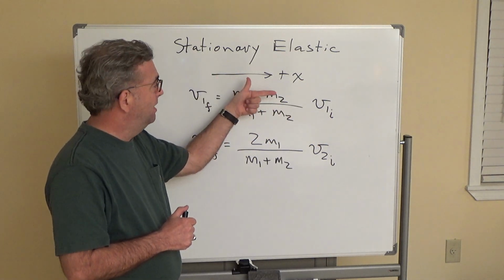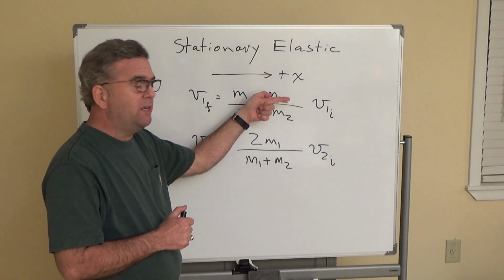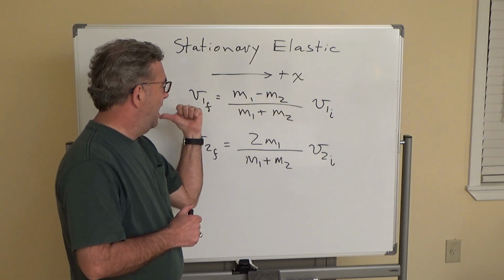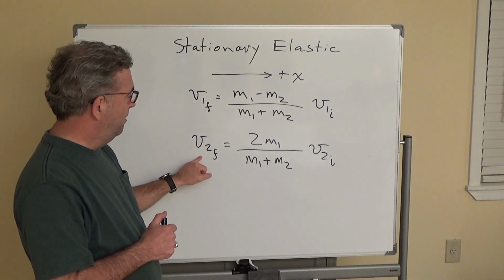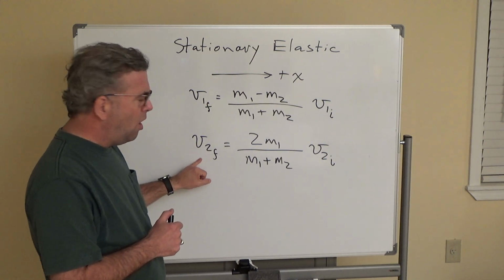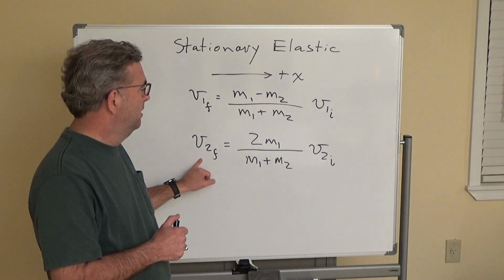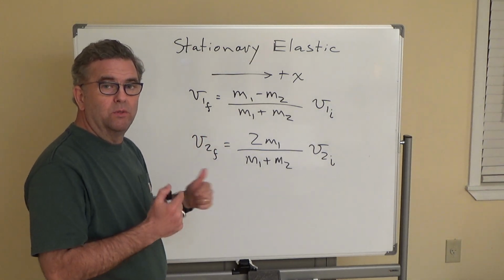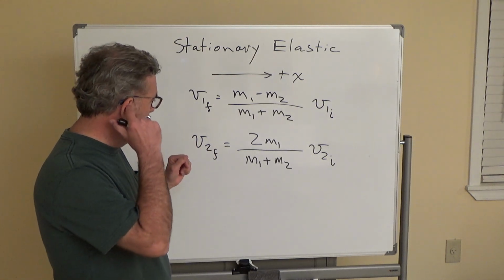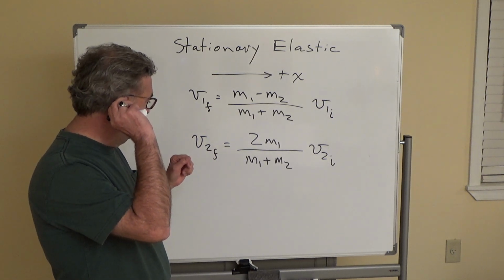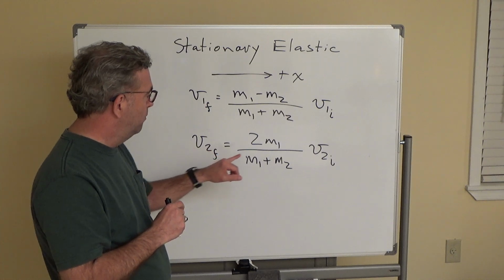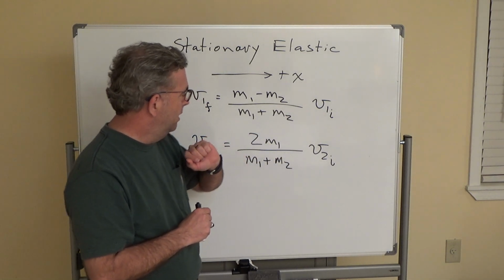V1 initial was in the positive x direction, so you got a negative. V2 final is always going to be positive in these stationary elastic collisions. If M2 equals M1, then V2 final will equal V1 initial.